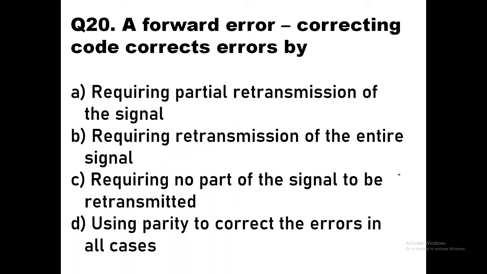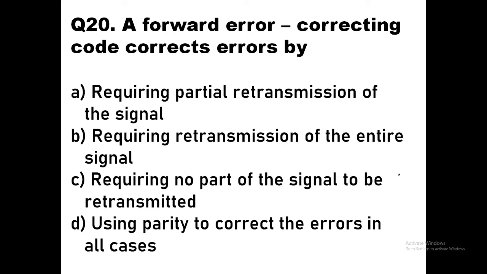This question is on error correction and detection. A forward error correcting code corrects errors by? The options are requiring partial retransmission of the signal, requiring retransmission of the entire signal, requiring no part of the signal to be retransmitted, or using parity to correct the errors in all cases.